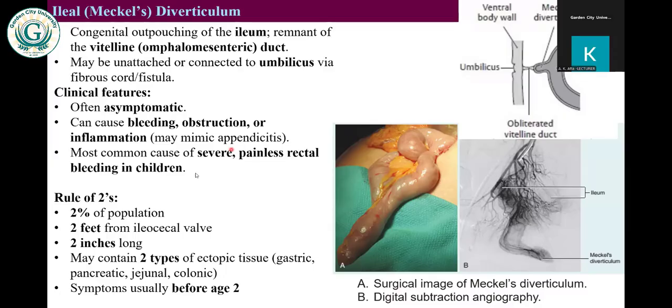It's present in 2% of the population. It occurs 2 feet from the ileocecal valve and is usually 2 centimeters long, and may contain 2 types of ectopic tissues. You may have stomach or pancreatic tissue within the ileal diverticulum. And symptoms usually occur before the child turns 2 years.